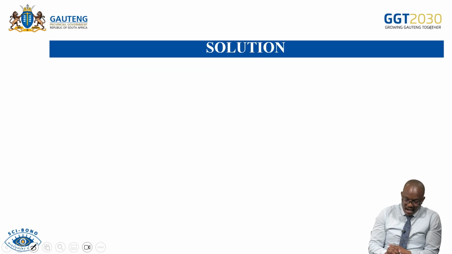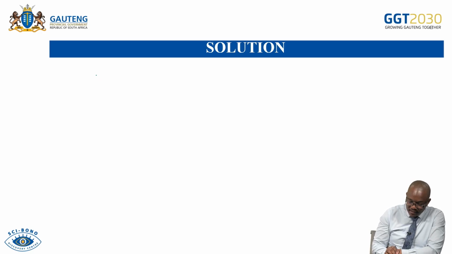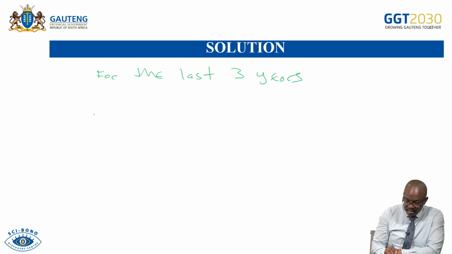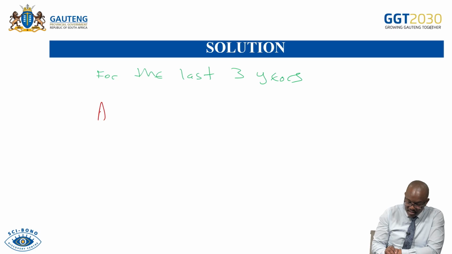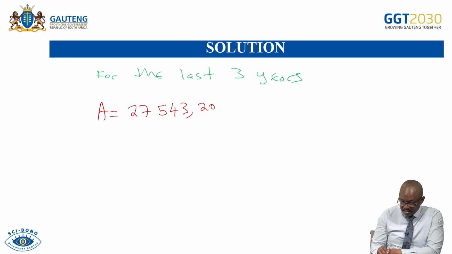So we are going to calculate for the last 3 years. Correct? So calculating that amount for the last 3 years is going to be 27,543.20 of 1 plus.